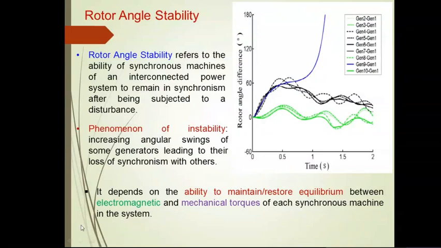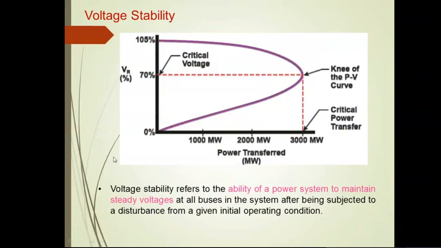Next, I will discuss the case of voltage stability, and this refers to the ability of the power system to maintain steady voltages at all buses in the system. So you have your interconnected system, and it is important to maintain steady state voltages on all these buses.